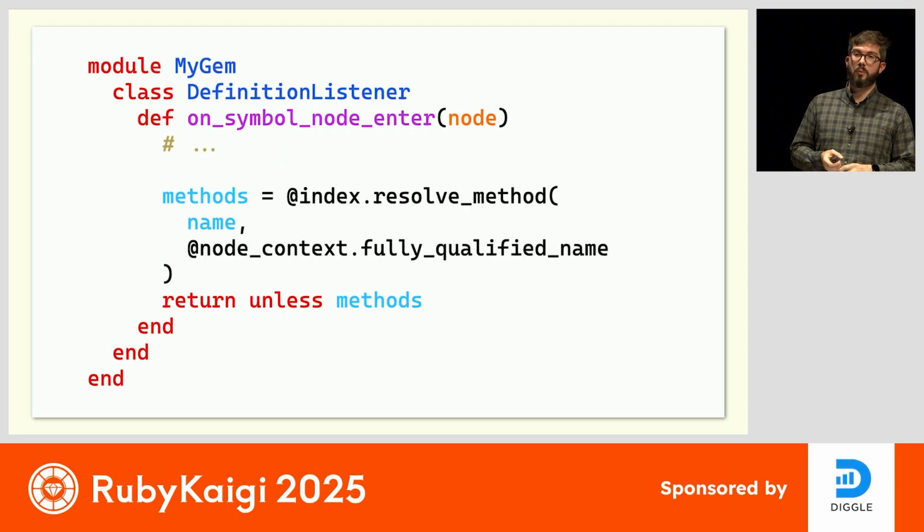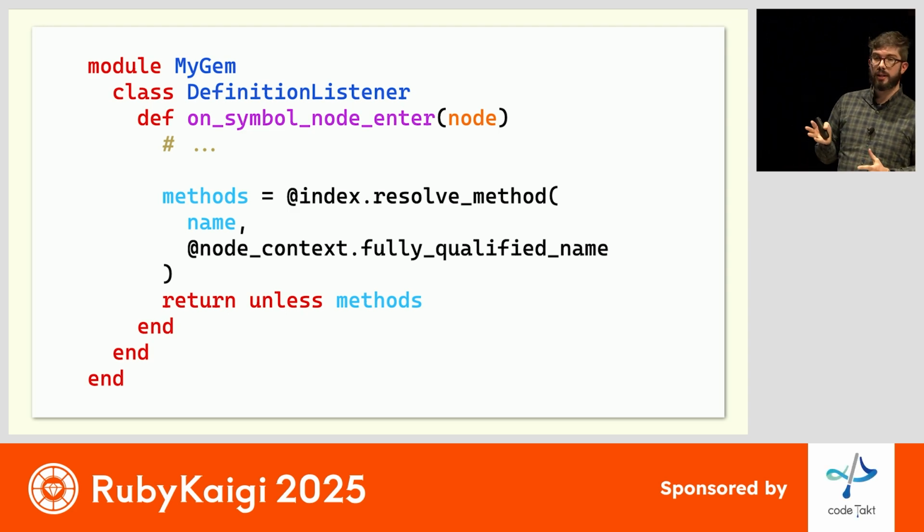If there is a name, we know which method name we are trying to find. And we also know that because validate was invoked, for example, in the Post class, we know exactly which namespace we need to search for that method, which is given to us by the node context in this case.